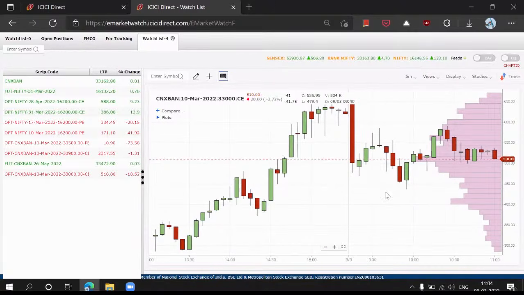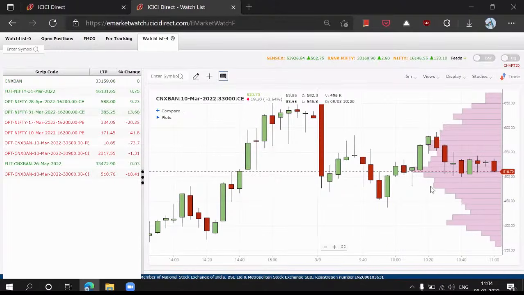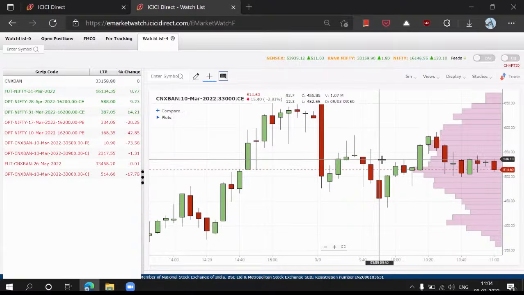If you look at the bar on the right side and click on the max bar, around this price, around 516, is where the maximum positions have been taken. So along with the price, you can look at the volume bars at which the volumes have been created in the market. That's the volume profile.